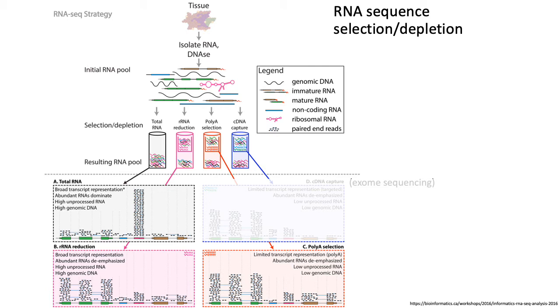So in contrast to total RNA or the ribosomal RNA reduction strategies, poly-A selection is relatively specific. And so here the idea is that the vast majority of protein coding genes have poly-A-tails on their mRNA. And so you can select for poly-A-tailed mRNA specifically by using, for example, beads that have poly-T oligos hanging off of them.